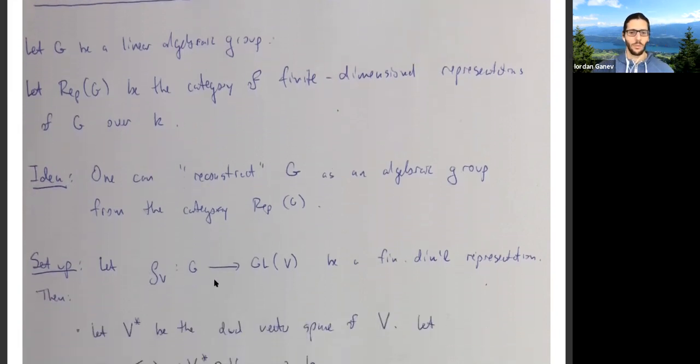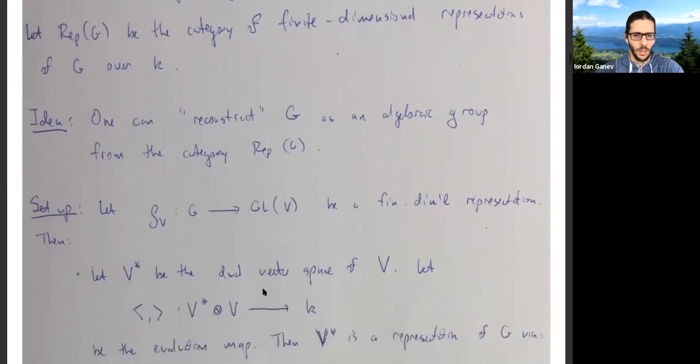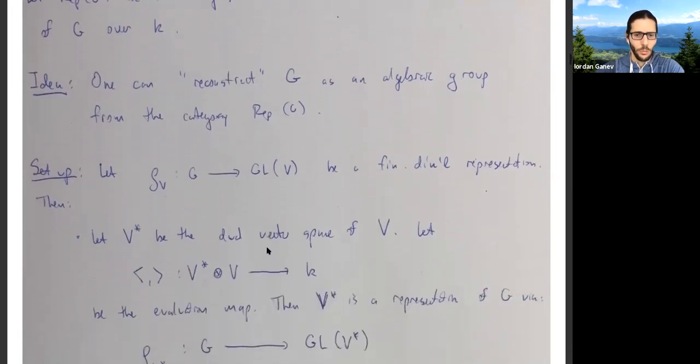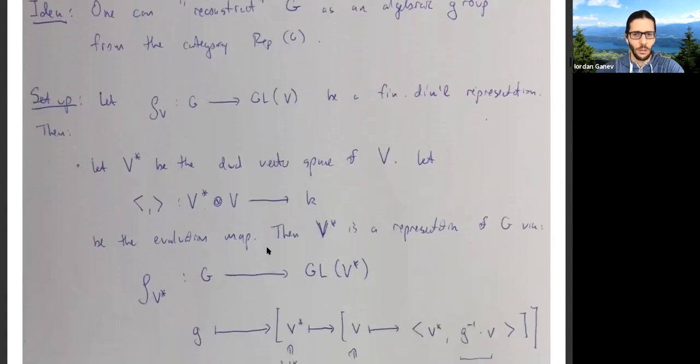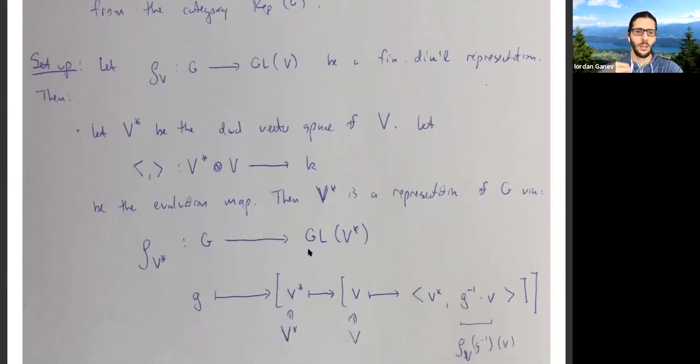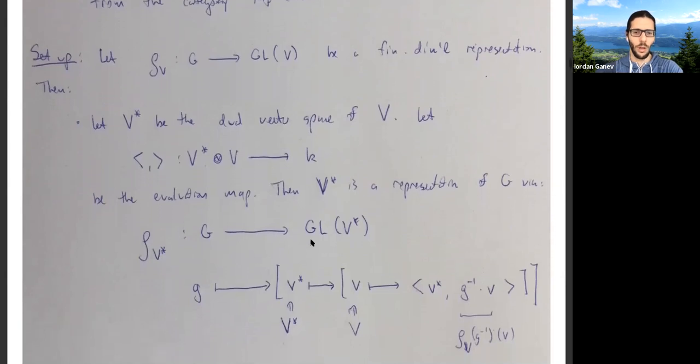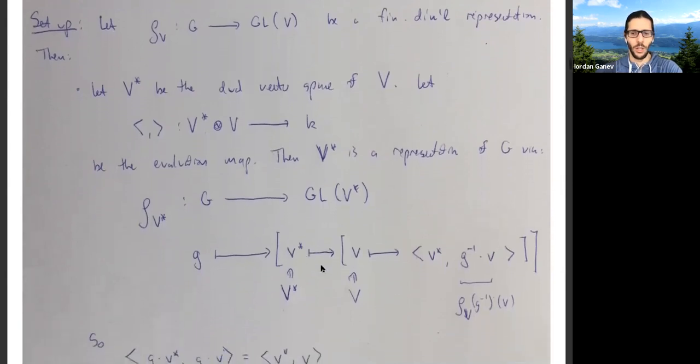So let's say we have a finite dimensional representation of G. Rho V is the map, V is the vector space. So first of all, the dual vector space of V also has a structure of a representation of G. Just some notation, these brackets will be the evaluation pairing from V dual tensor V to K. And then the V dual has an action of G given in the following way.